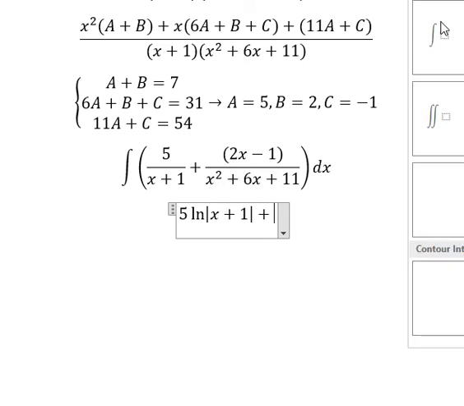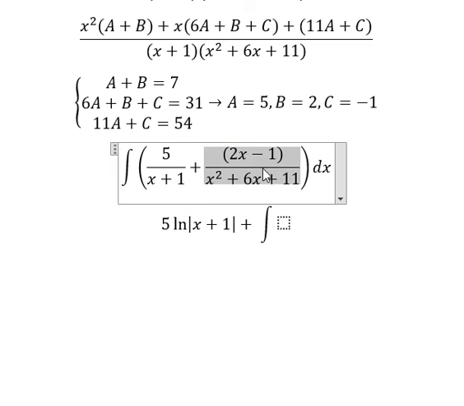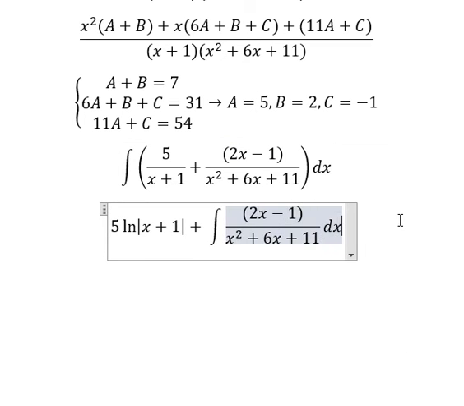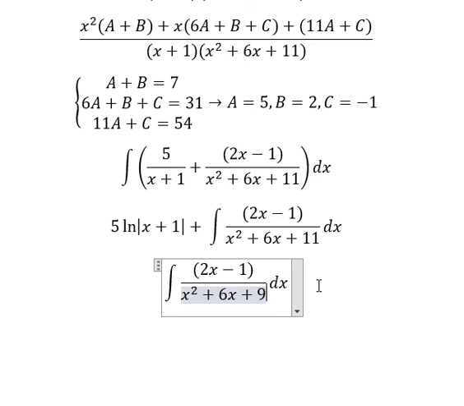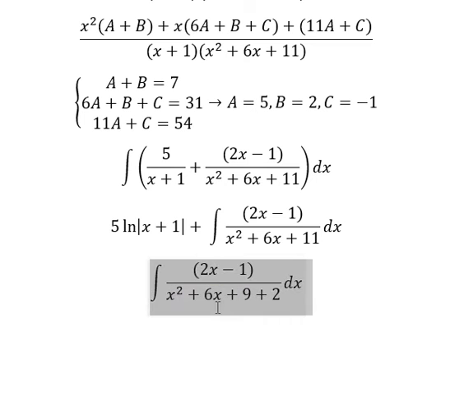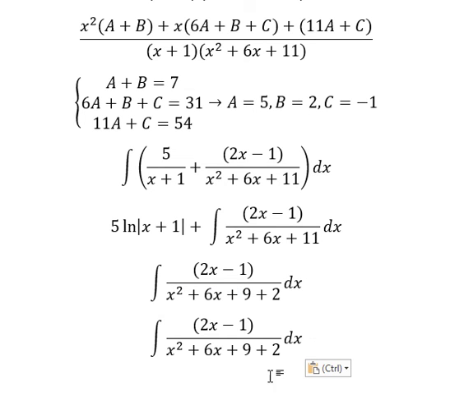Now we need to concentrate on this one. We know that 11, we can write as 9 plus 2. And this one is about identities.